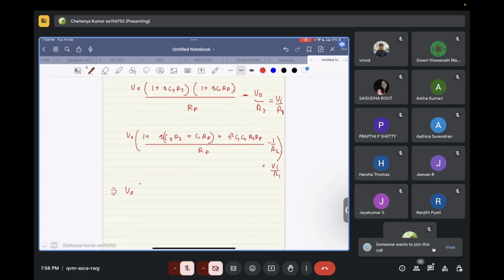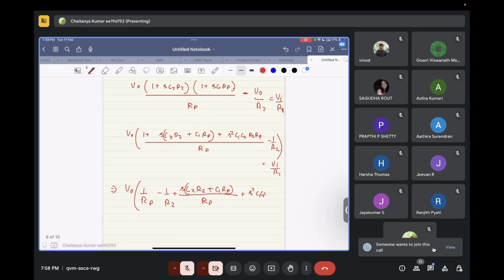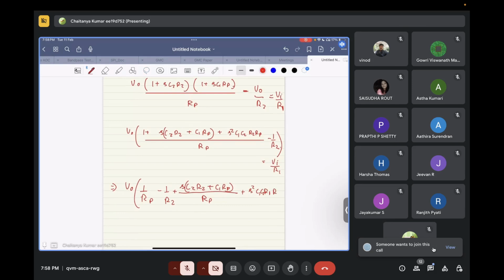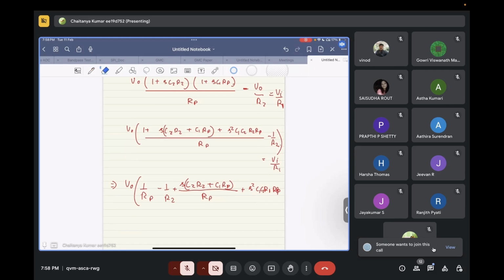Now what we have is V0 times (minus 1 by R2 plus 1 by RP plus s(C2R2 plus C1RP) by RP plus s squared C1C2R2), where RP in the numerator and denominator gets cancelled, right? This is equal to Vi by R1.